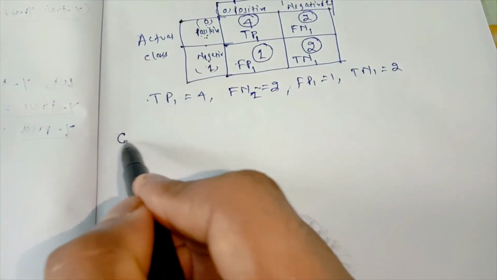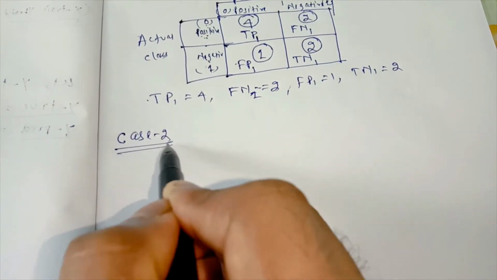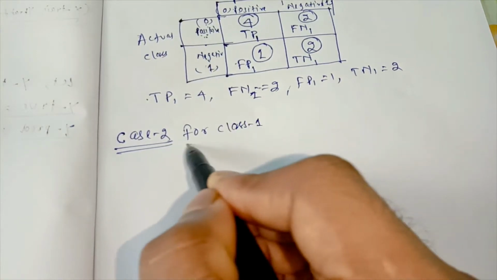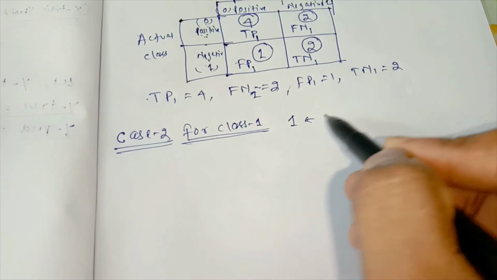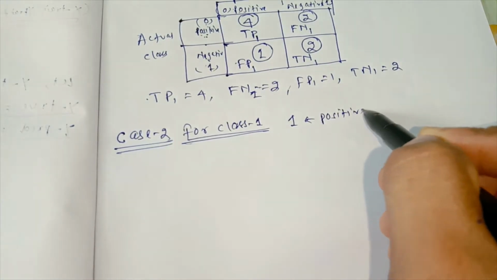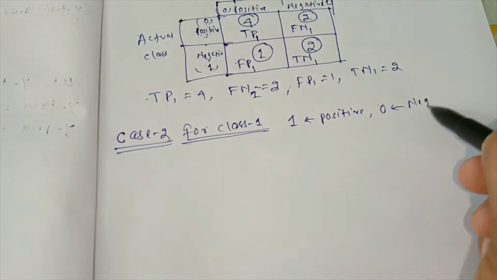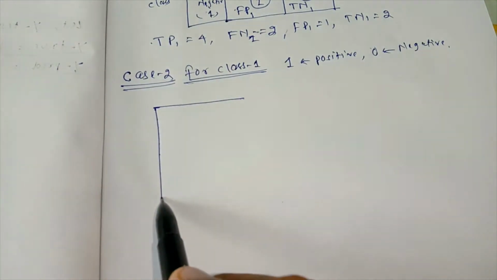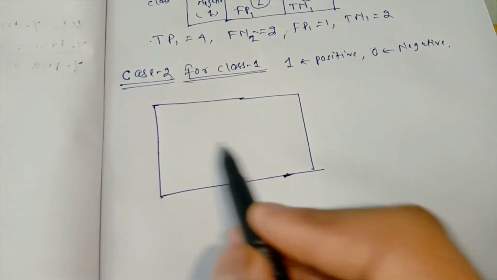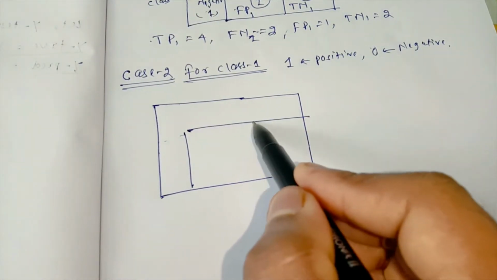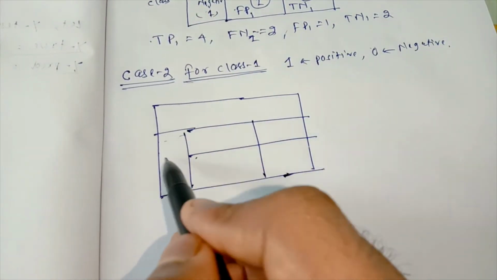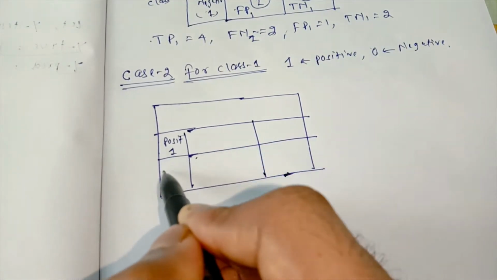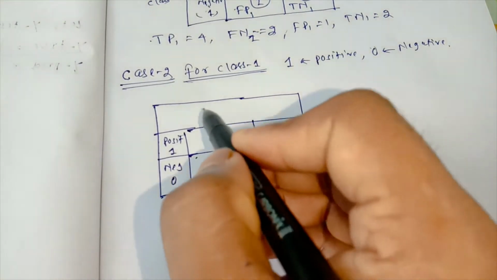Now go to case 2. Case 2 is for class 1. In class 1, 1 is considered positive and 0 is considered negative. So let's build the confusion matrix. Here 1 is positive, 0 is negative.